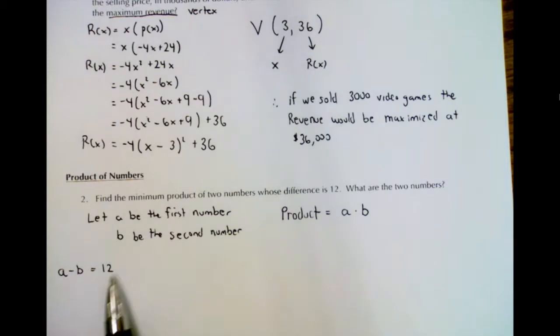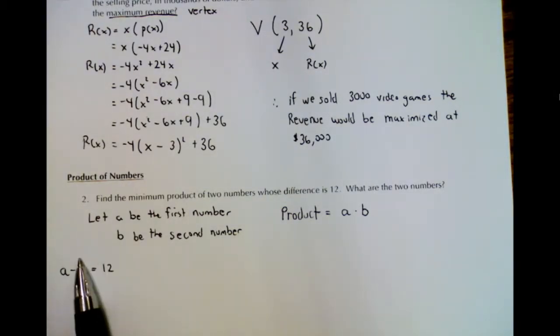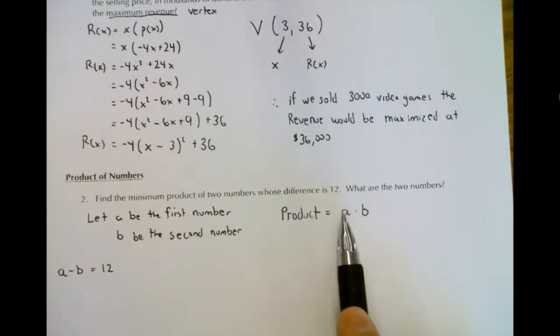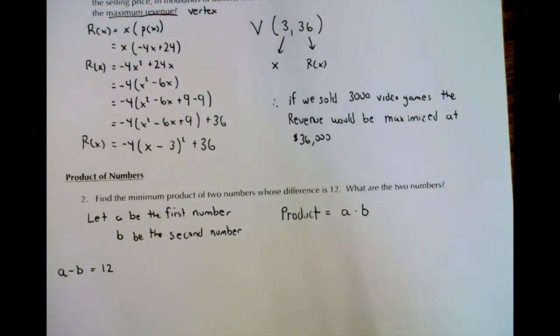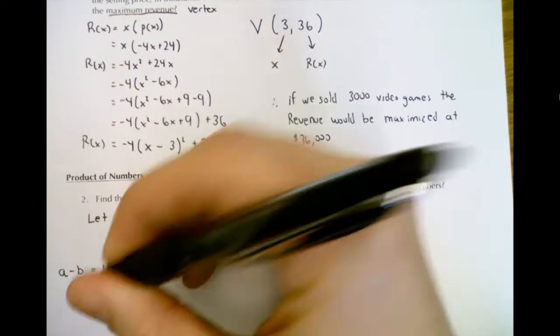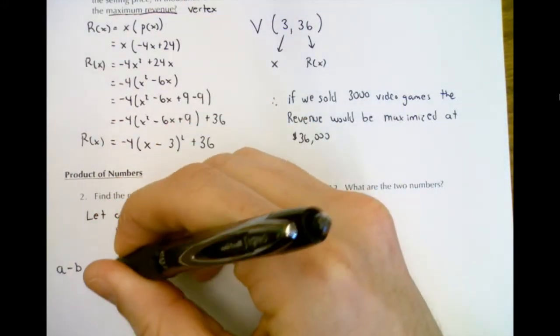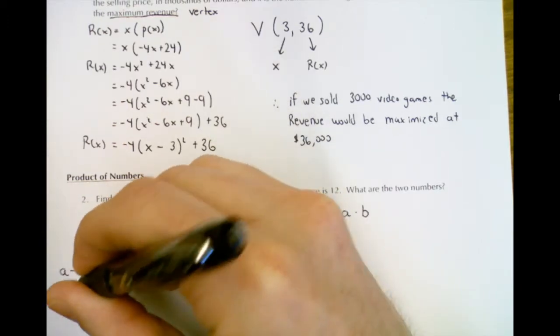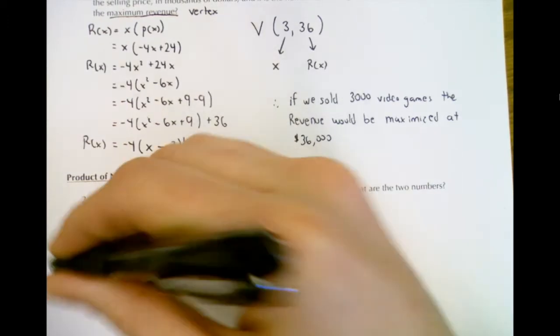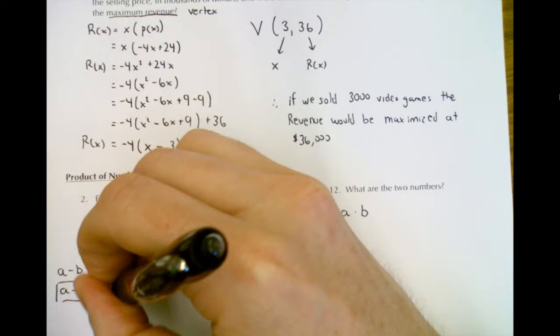So we need to use this piece of information and replace either A or B so we can have a single equation with a single variable. So let's replace B. If I wanted to replace B, I could isolate for B. So I'm going to move B to the right side, make it positive. Subtract 12 from both sides. We get B is A minus 12.